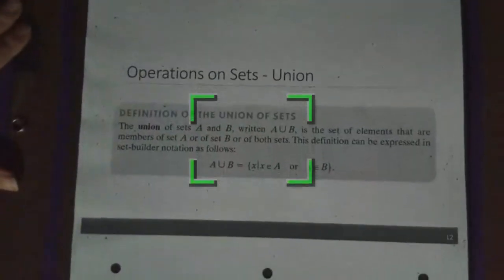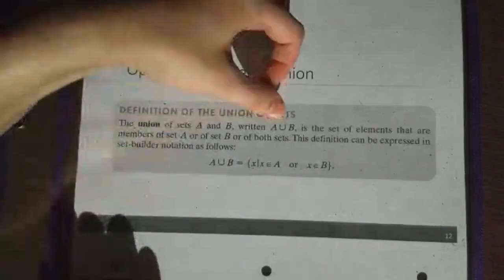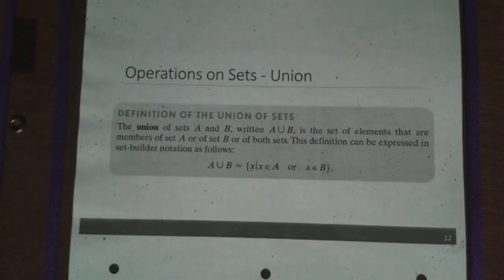One more operation on sets that we're going to look at is called the union. The union of sets A and B, written as A, U symbol, B, is the set of elements that are members of set A or of set B or of both sets.